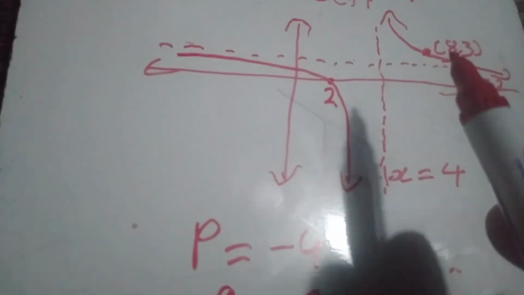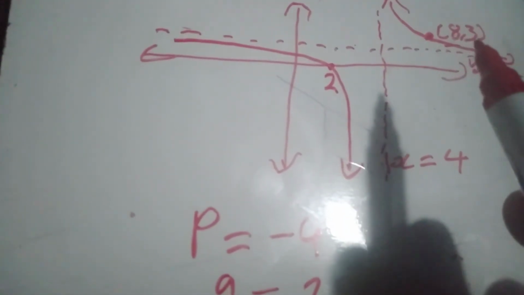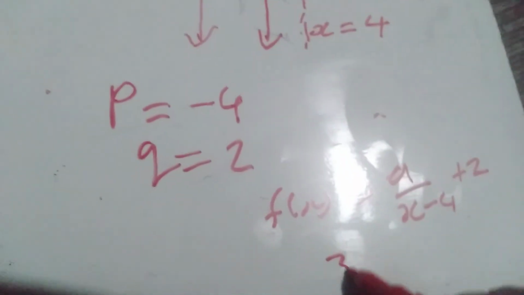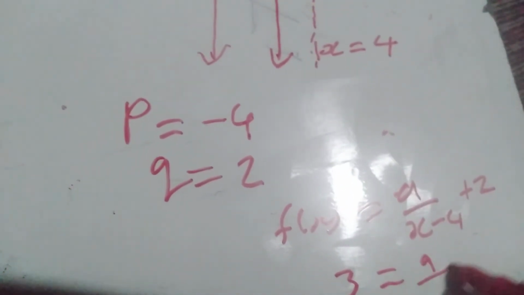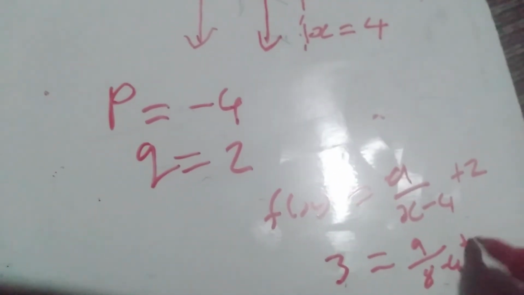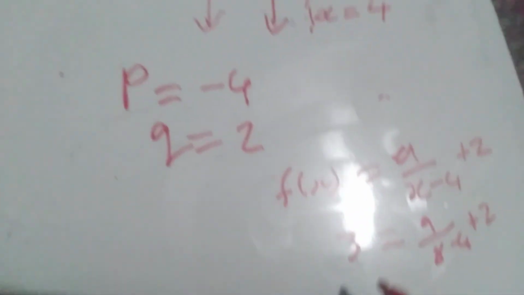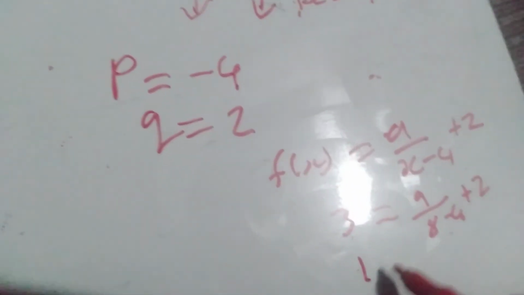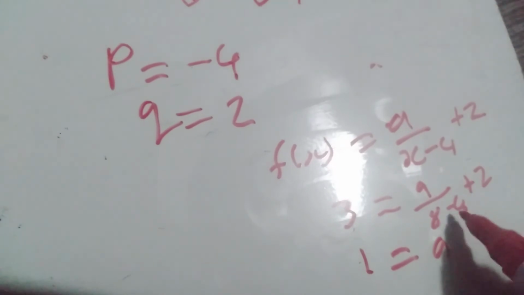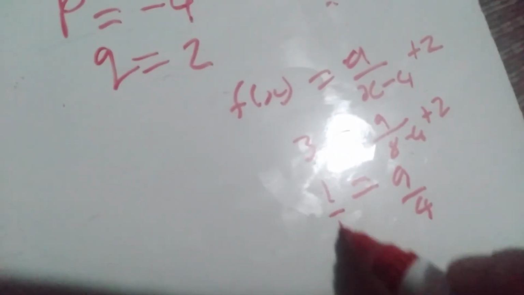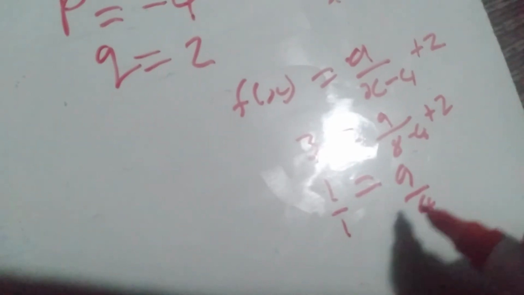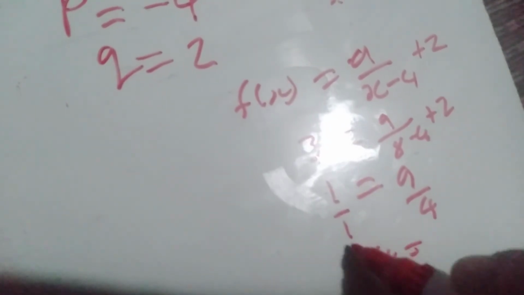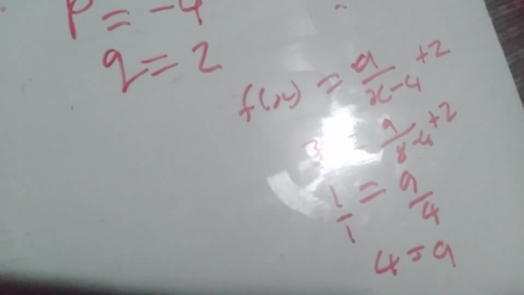So we see a point on the graph which is (8, 3). So it means the y value is 3 and the x value is 8. So 3 equals a over 8 minus 4 plus 2. When we take this to the other side, it's going to be 3 minus 2, which is 1. And then a over 8 minus 4, which is 4. Whenever you have a fraction, all you have to do is to just cross multiply. So 4 times 1 is 4, and 1 times a is a. So a is equal to 4, so we found a.